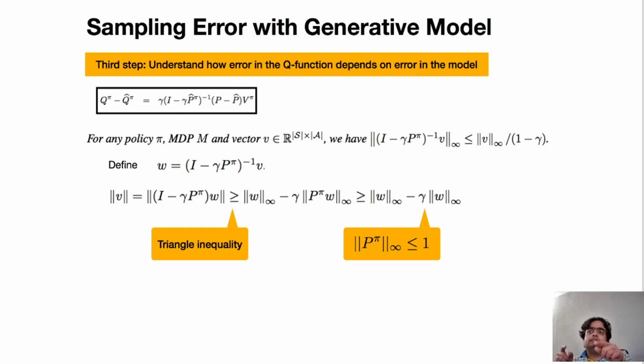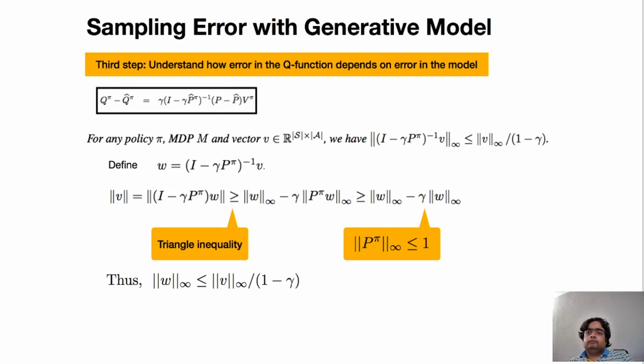Because there is a subtraction, this quantity is greater than or equal to W infinity minus gamma times W infinity. By rearranging terms and taking 1 minus gamma out common, you find that W infinity is less than V infinity divided by 1 minus gamma, which proves our result here, because I minus gamma p pi inverse V is equal to W.